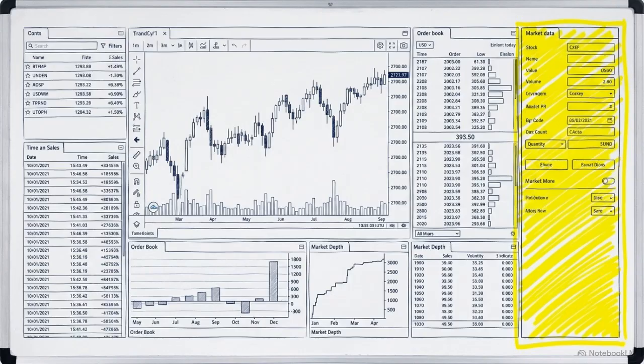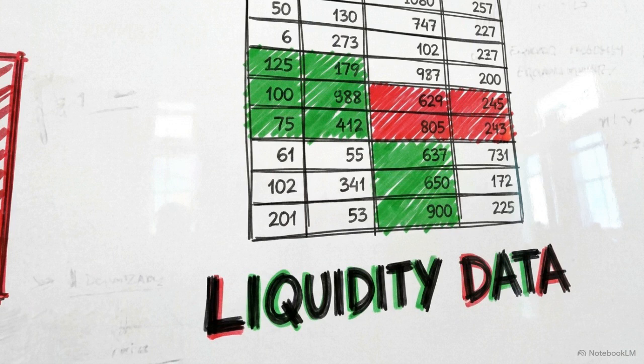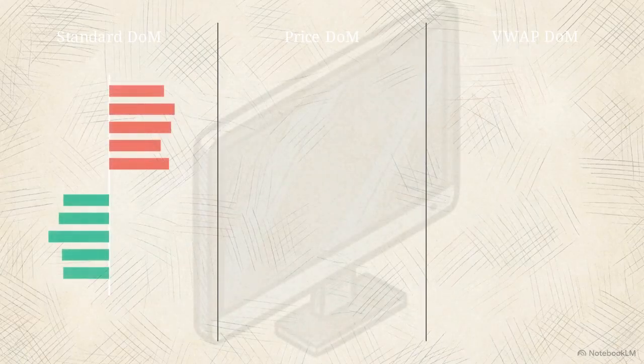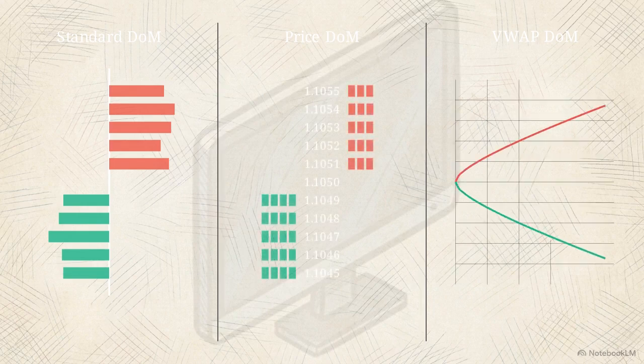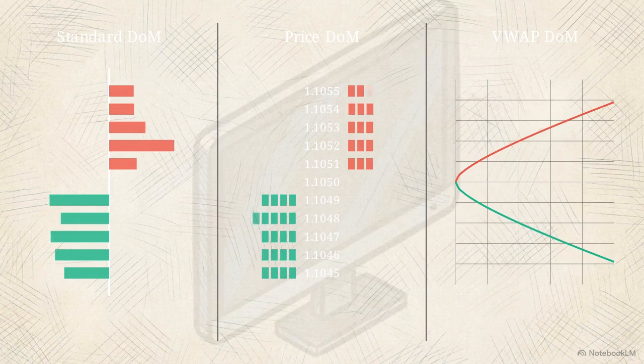Now direct your attention to the panel on the right side of the screen. This is the depth of market, or DOM, and it serves as your primary tool for price transparency. This illustrates 3 ways to visualize incoming data. Standard DOM maps volume horizontally, Price DOM arrays orders vertically, VWAP DOM calculates average price.